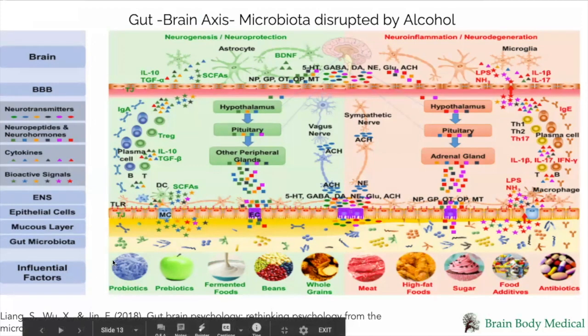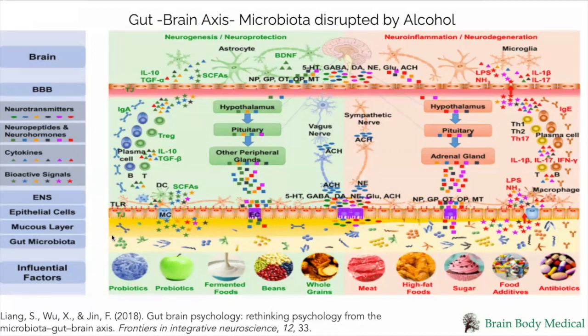In our colon mostly, we have different kinds of microorganisms. We have bacteria, viruses, archaea, different kinds of organisms that really help us. They help us make vitamins and fatty acids.